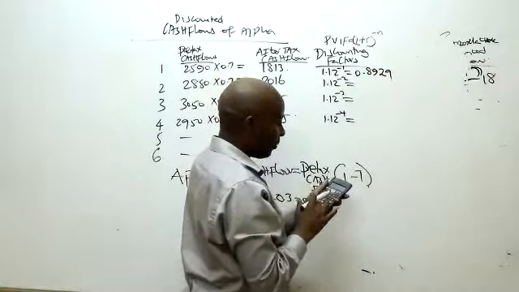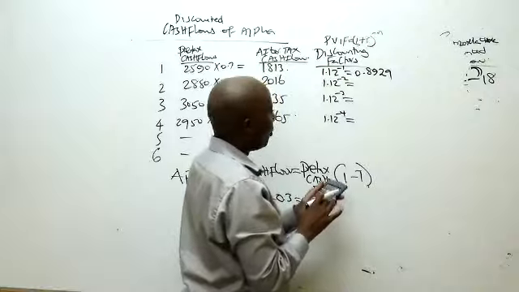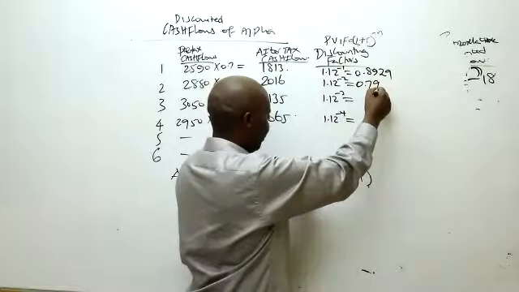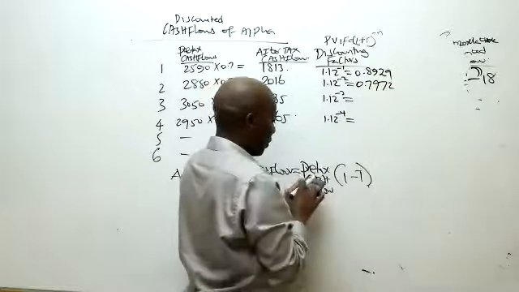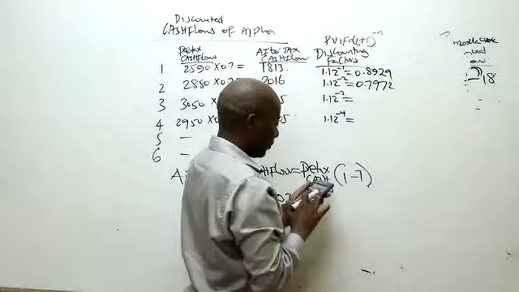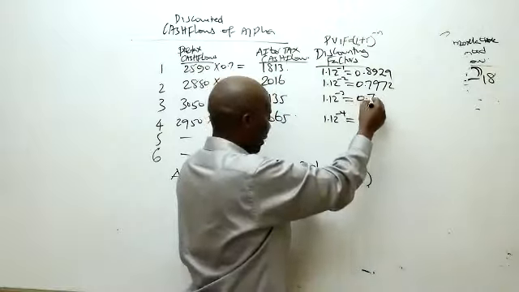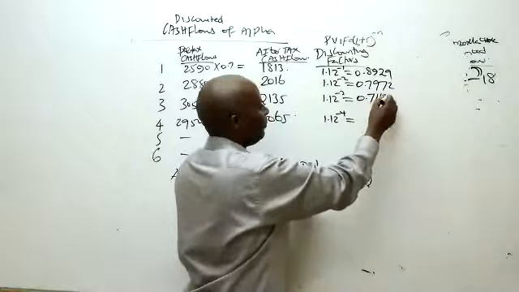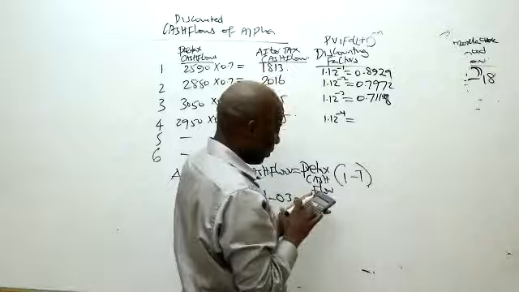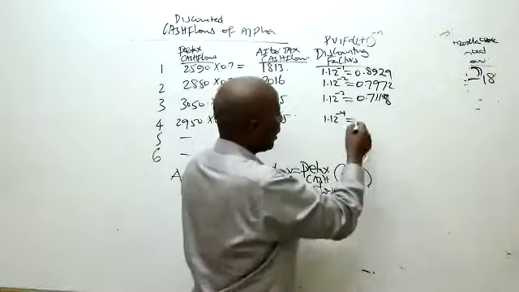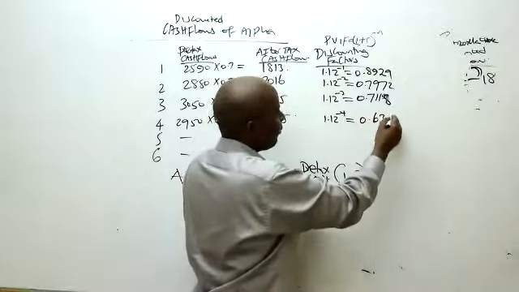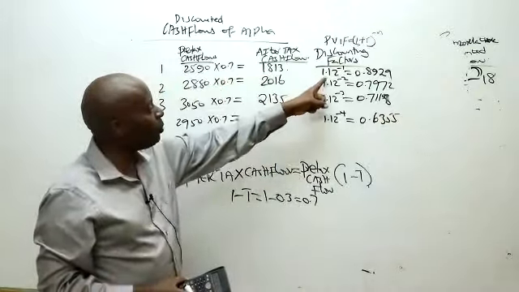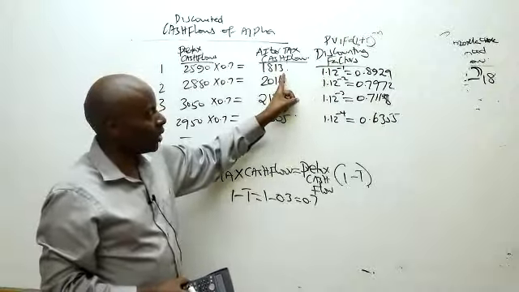Then 1.12 raised to negative 2 gives us 0.7972. Raised to 3, which will give me 0.7119. And then raised to power 4, what do we have there? 0.6355.